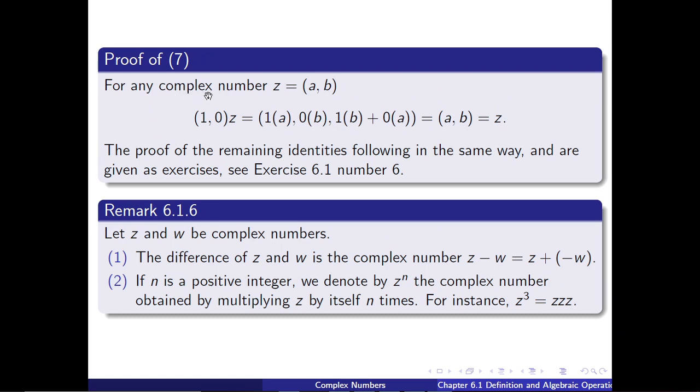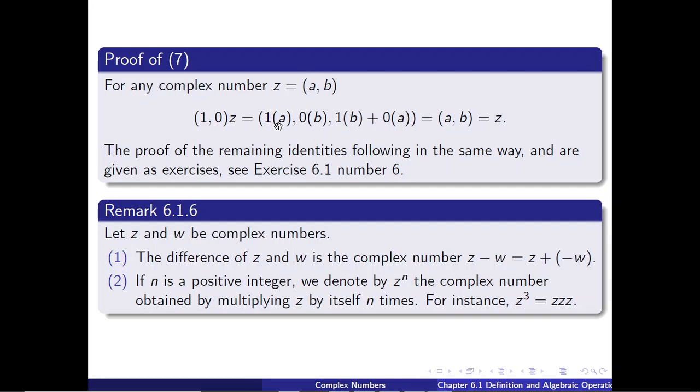For any complex number z which is equal to (a, b), if we say (1, 0) times z, then we do the product of two complex numbers, and we get, this is supposed to be a minus, right?